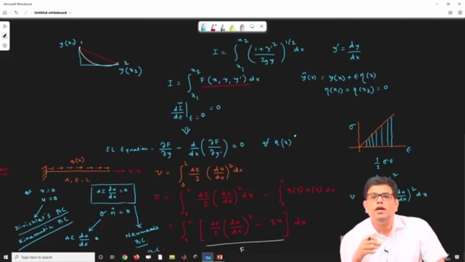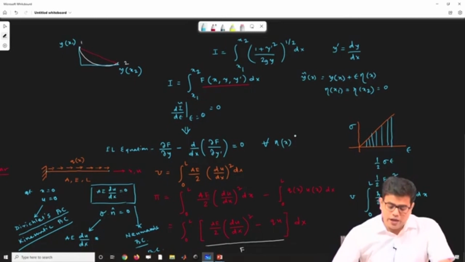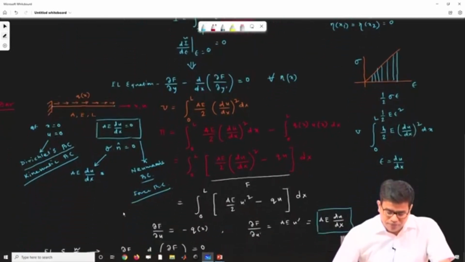If we know the potential energy of the system, we can find out its governing differential equation. And in the finite element context, this has a very important aspect, which is variational formulation. I will come to that variational formulation.